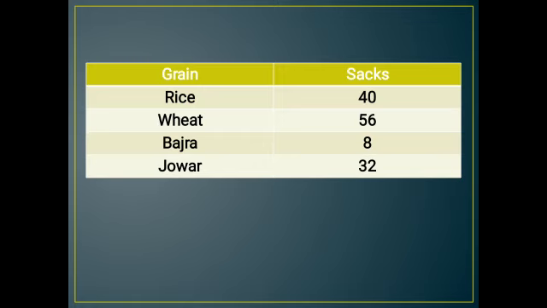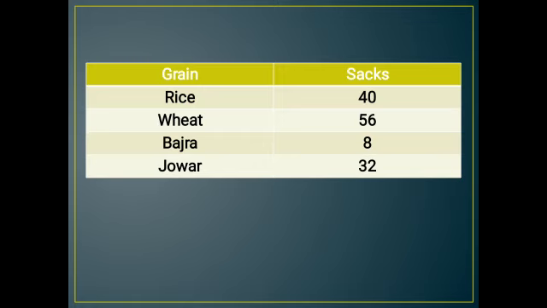So this is the information given, grain and sacks: how many sacks are saved of rice, wheat, bajra, jowar. Understood? So rice, how many sacks? 40. Wheat, how many sacks? 56. Bajra, 8. And jowar, 32.